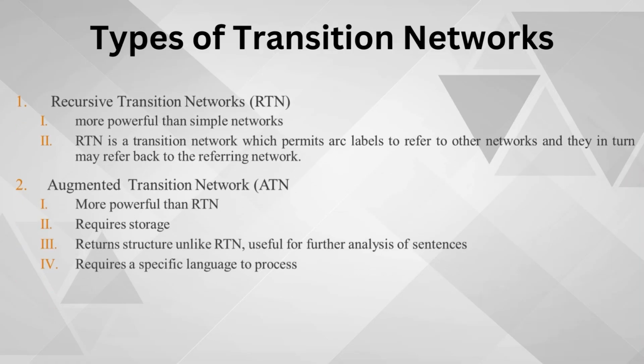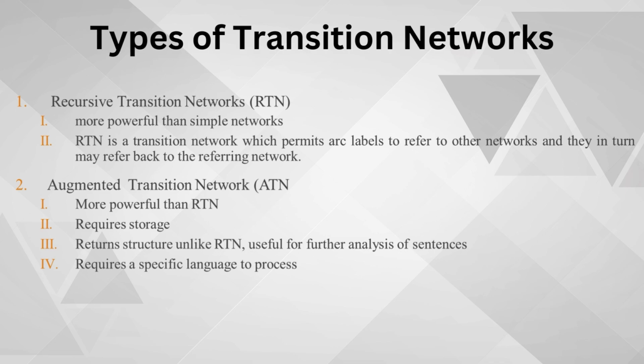There are two very important types of transition network. One is the recursive transition network and the other is the augmented transition network. The recursive transition network is very simple, and it only gives whether the sentence has a correct syntactic structure or not.